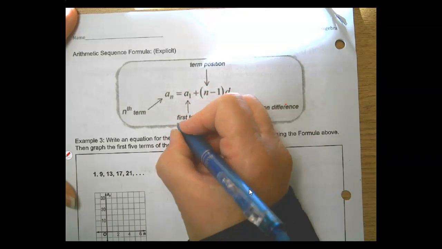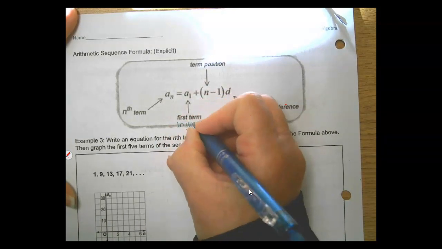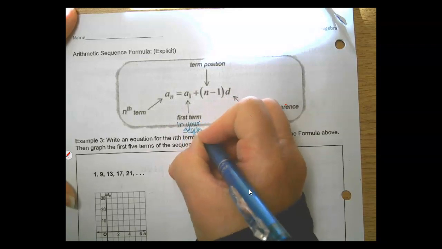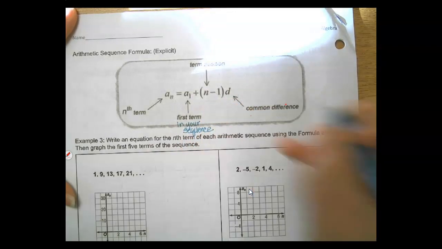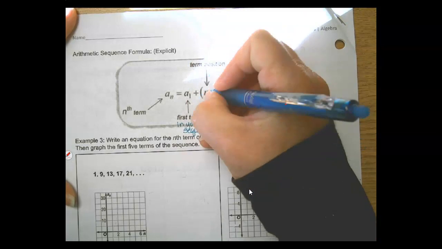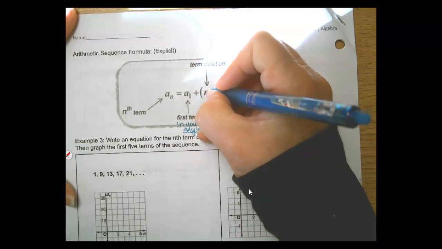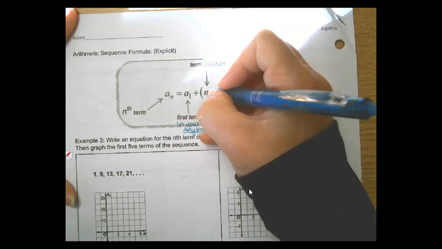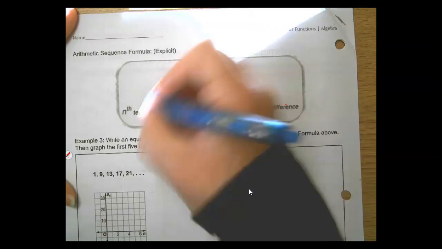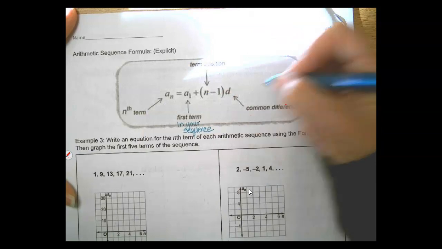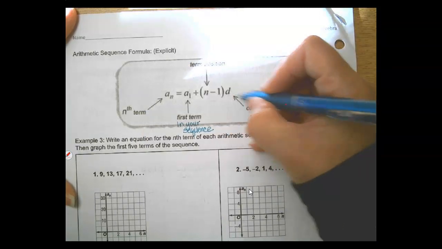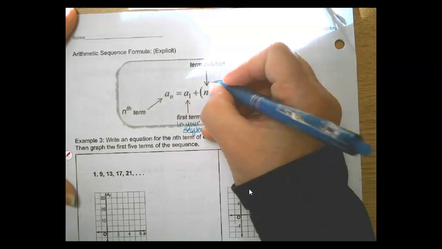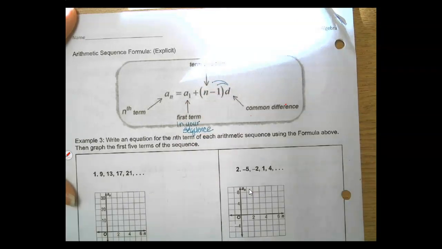You've got to understand these formulas. So your term position, whatever they say, like if they want the 10th position, then you would put a 10 here. Sometimes we don't know it. Sometimes we just need to fill this out. And then your D is your common difference. And on this one, you may have to distribute to get to what you need.